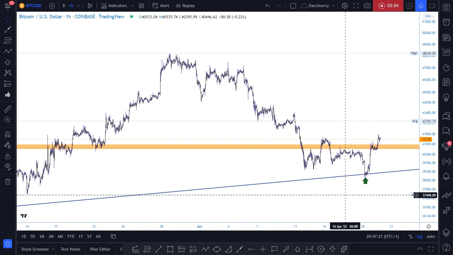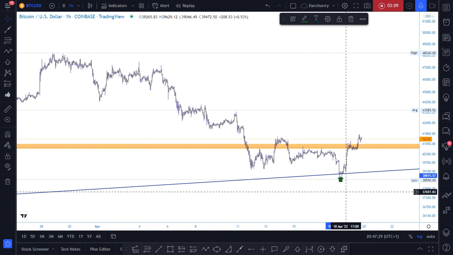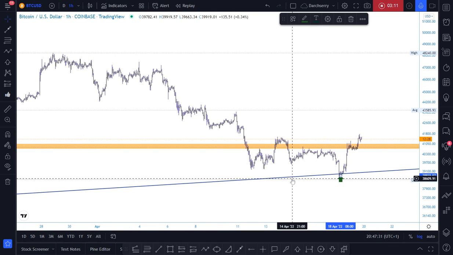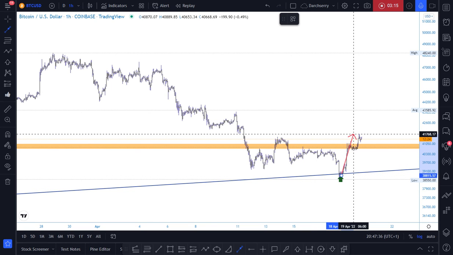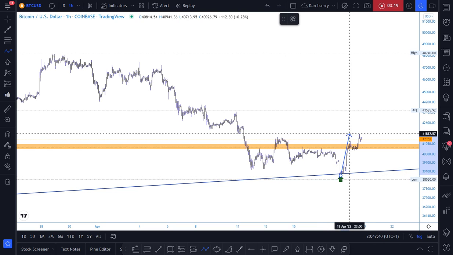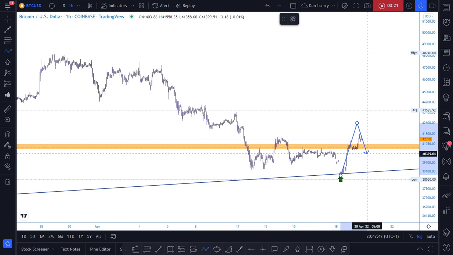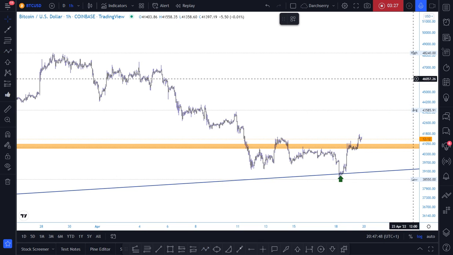So a quick rejection of that bullish trend line, we saw a bullish engulfing candle that strikes through the key level, and we want to see a significant move in the form of something like this, a breakdown into this area, and then a move probably to the upside.